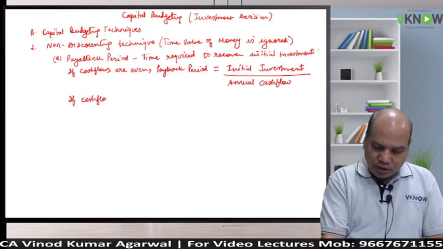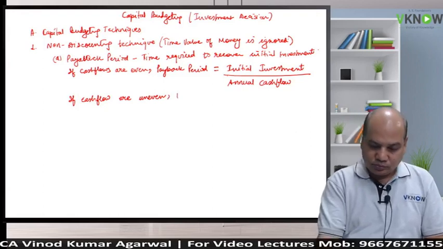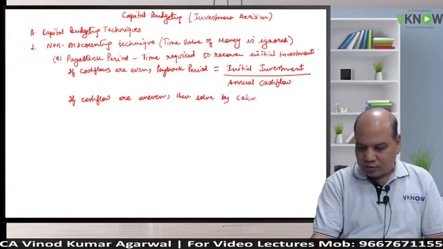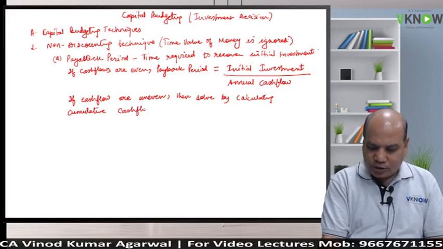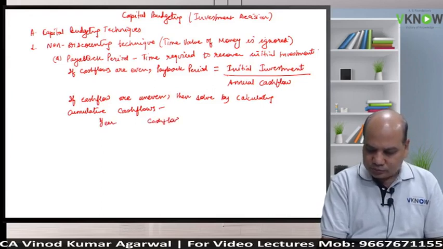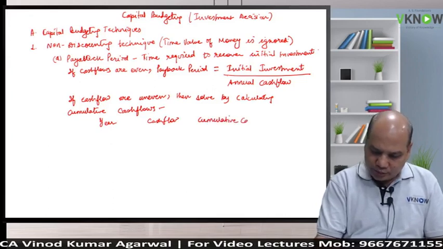If cash flows are uneven, then solve by calculating cumulative cash flow. So you will make table like this: year, cash flow and cumulative cash flow.